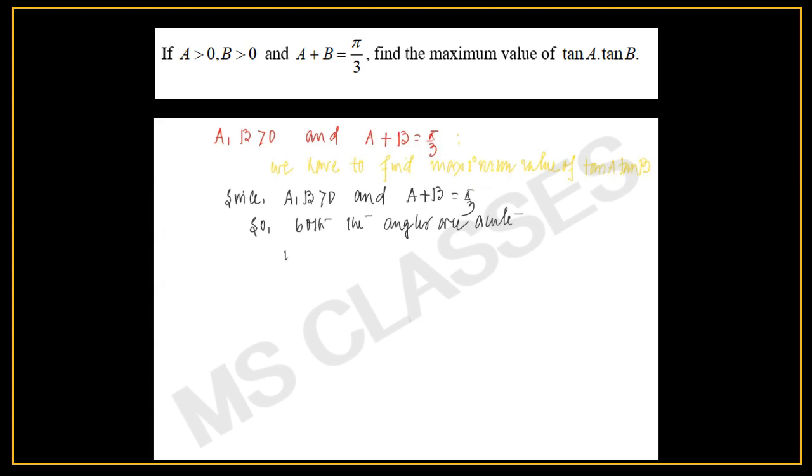That is, tan A, tan B greater than 0. So, since both are greater than 0, we can definitely apply AM-GM. So, apply AM greater than or equal to GM on these two quantities. So, we can say here tan A plus tan B by 2 greater than or equal to under root of tan A tan B.